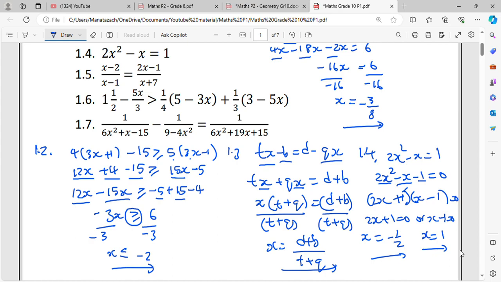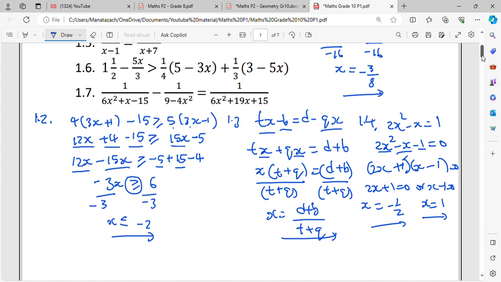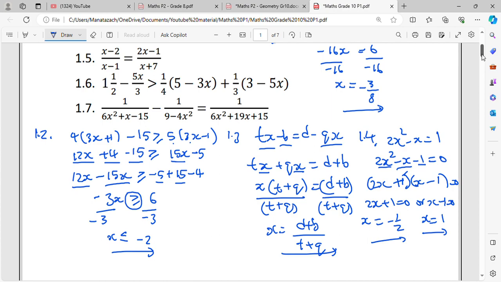Now let's come to question 1.5, which is a fraction. So let's write 1.5 here. X minus 2 divided by x minus 1 is equal to 2x minus 1 divided by x plus 7.